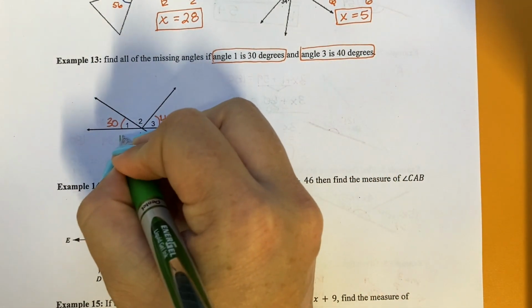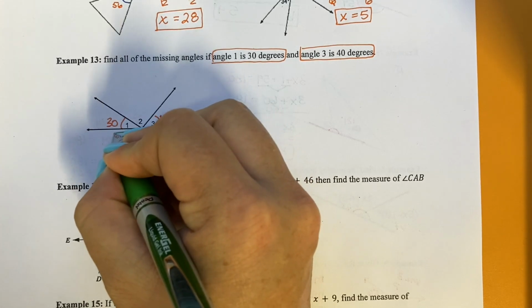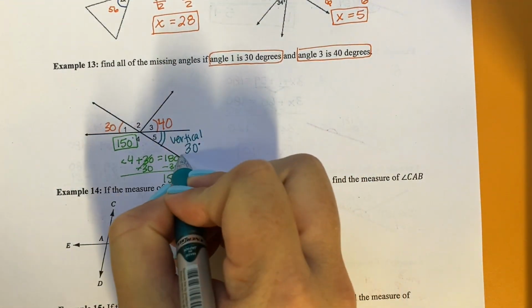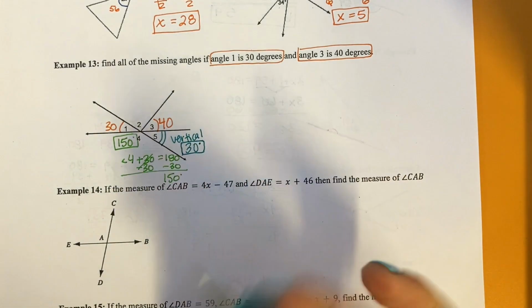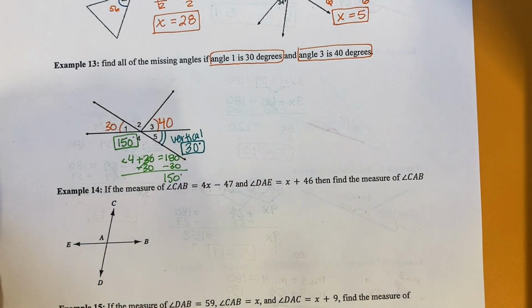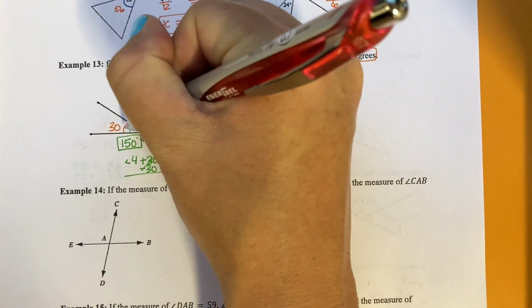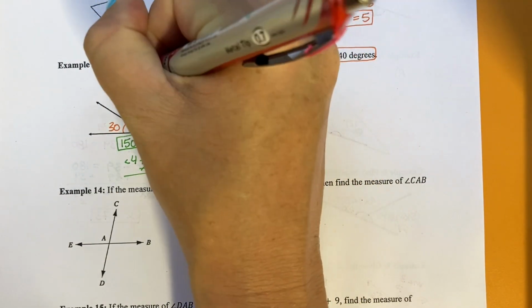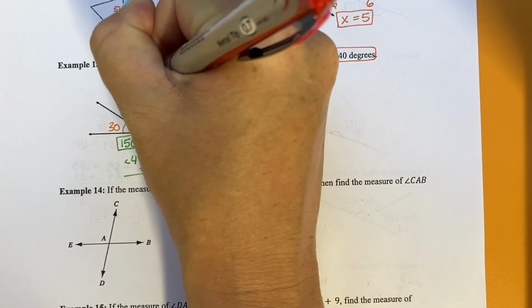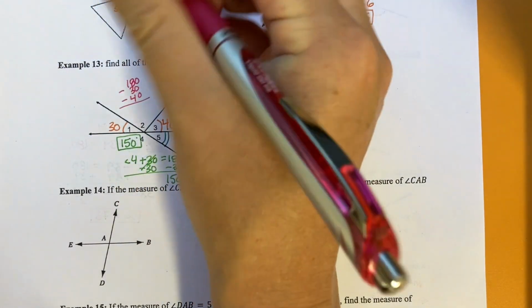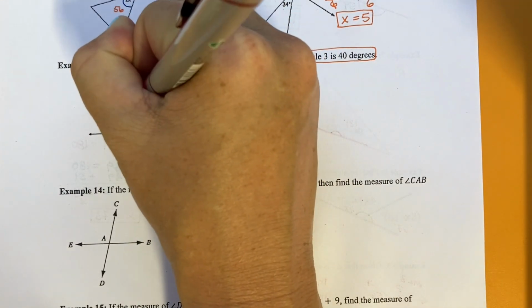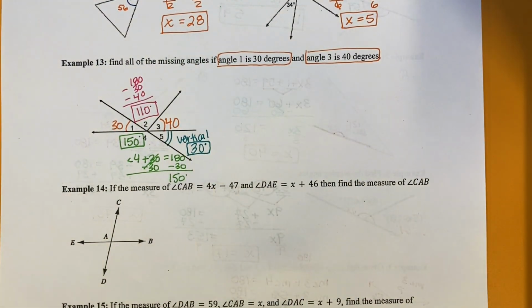This is 150 degrees. And I'm going to use a similar method for angle 2. I know 1, 2, and 3 make a line together. That's 180 degrees. Get rid of the 30, get rid of the 40. That's 110 degrees for angle 2.